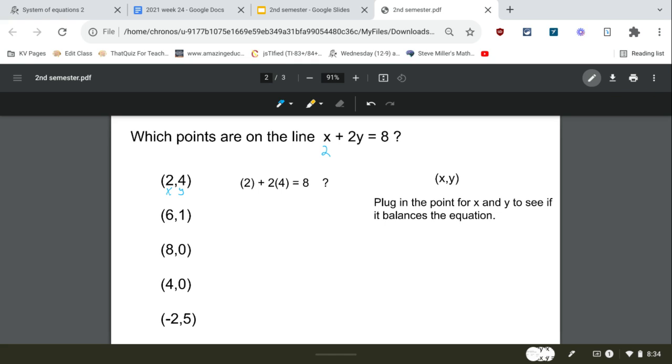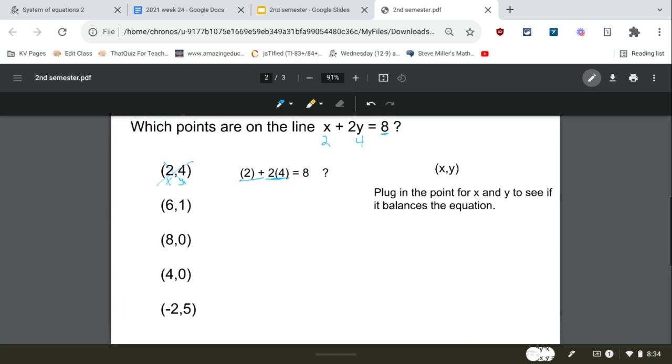So we'll plug in 2 for x, 4 for y, and see if it equals 8. And it obviously doesn't, not for this one. 2 times 4 itself is equal to 8, and then if you add 2 to it, you do not get 8. So that point is not on the line.